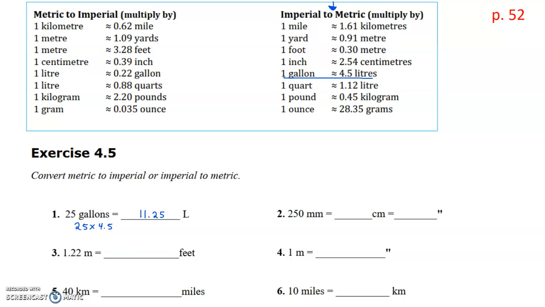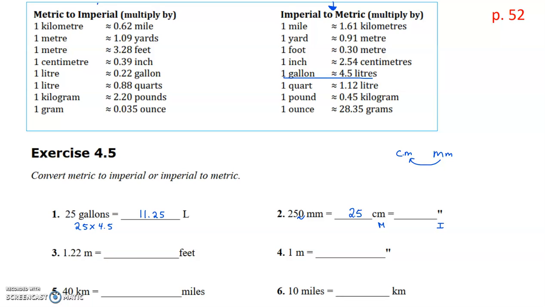For number 2, we're converting millimeters to centimeters and then centimeters to inches. So first, let's convert our millimeters to centimeters. They're right next to each other on the metric line. So we're going to be going 1 decimal place to the left. So 250 millimeters is equal to 25 centimeters. And then we're going from metric to imperial.